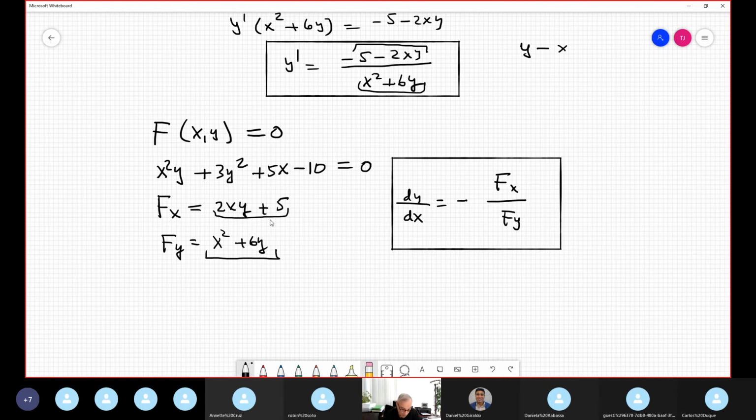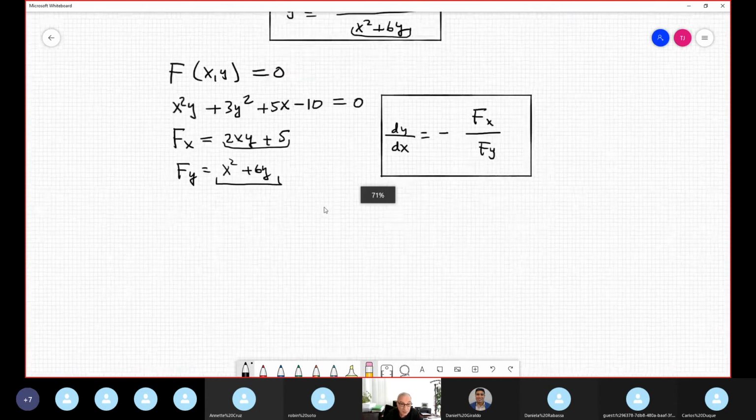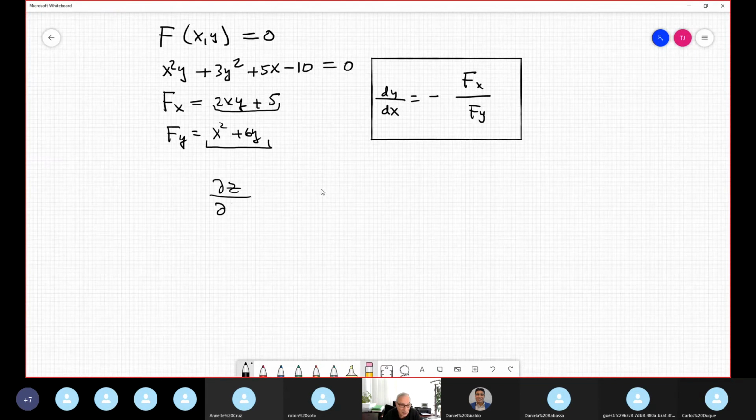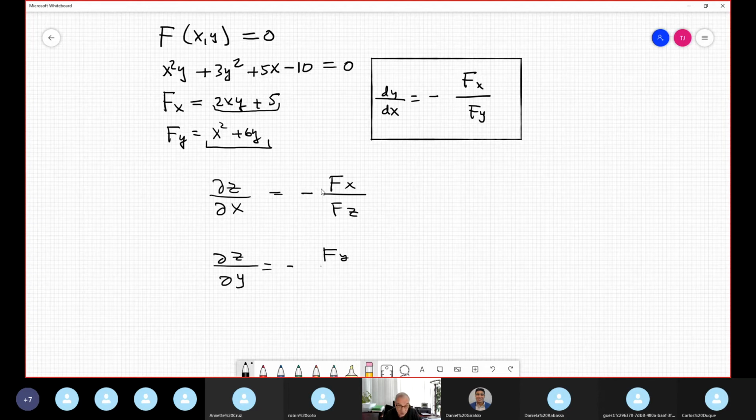For example, if I need to find the partial derivative of z with respect to x, the formula is minus partial derivative of F with respect to x divided by partial derivative of F with respect to z. Likewise, the partial derivative of z with respect to y is minus partial derivative of F with respect to y divided by partial derivative of F with respect to z. This is the formula for implicit differentiation.